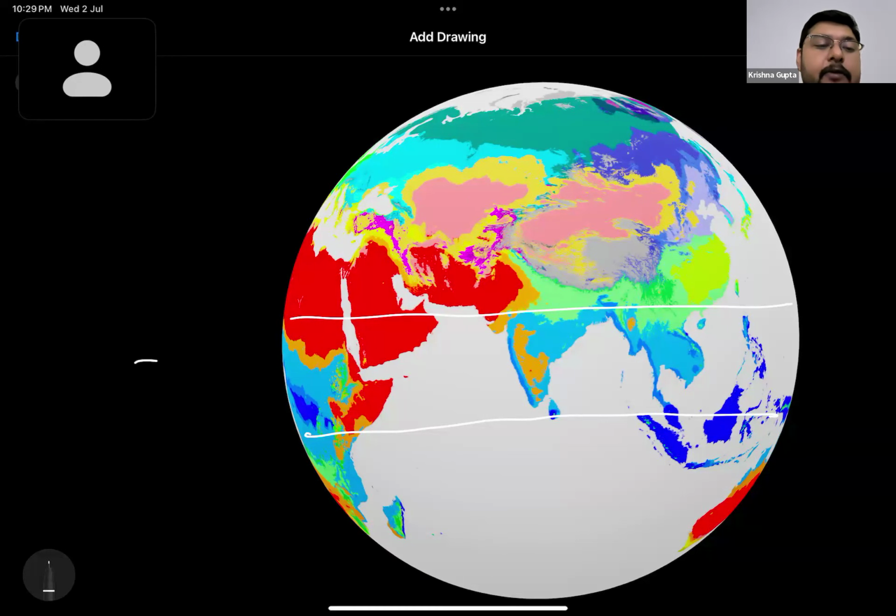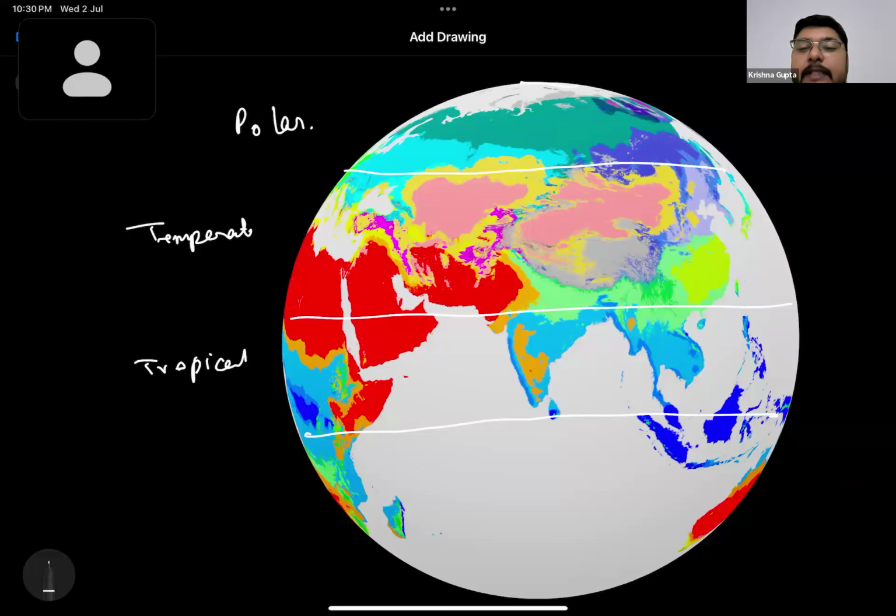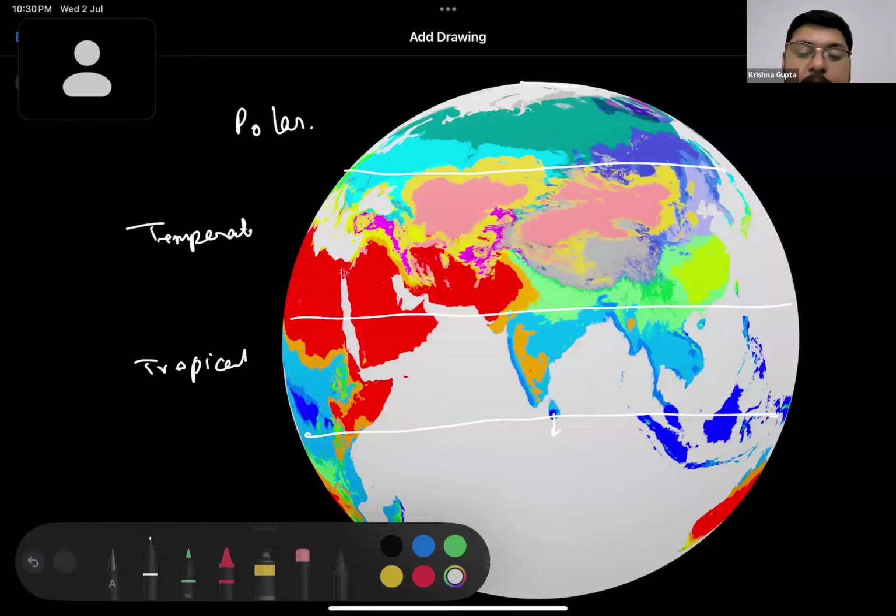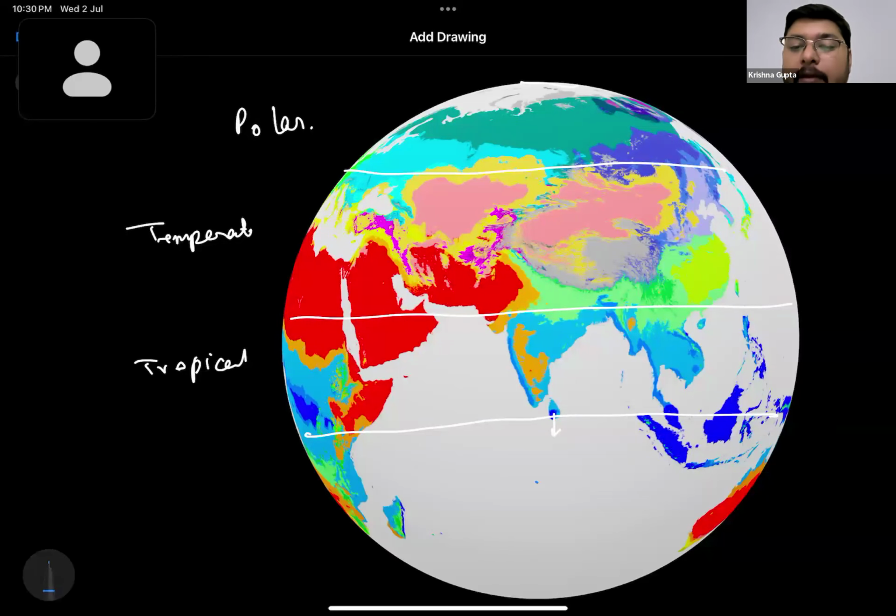For example, this is tropical, this is temperate, and above this we have polar. Okay, so under this we see that there are various climates present here. For example, I'll just change the color. This is equatorial.